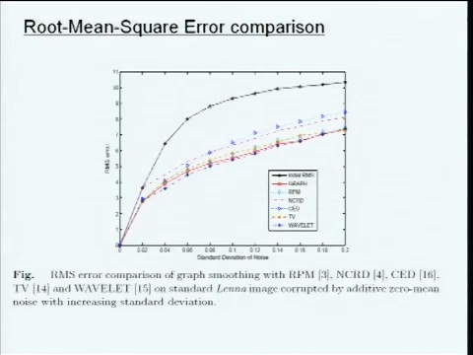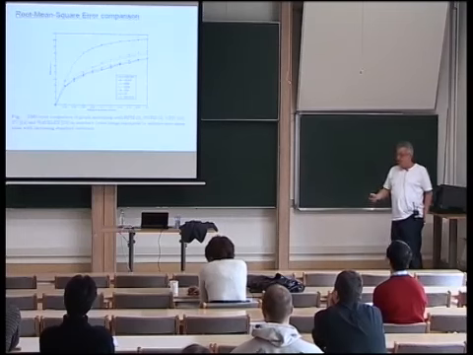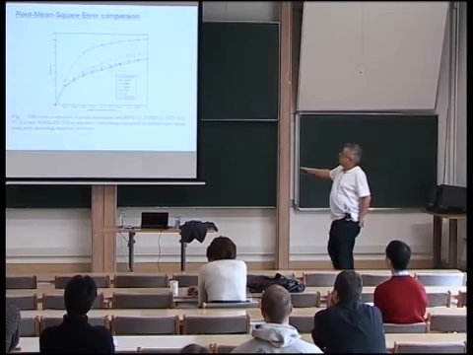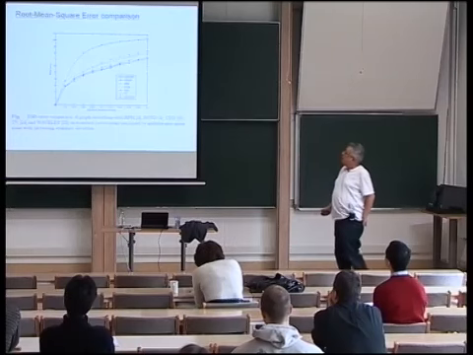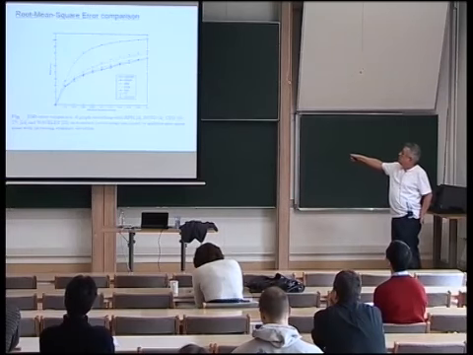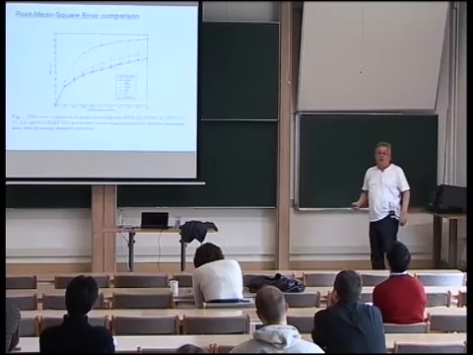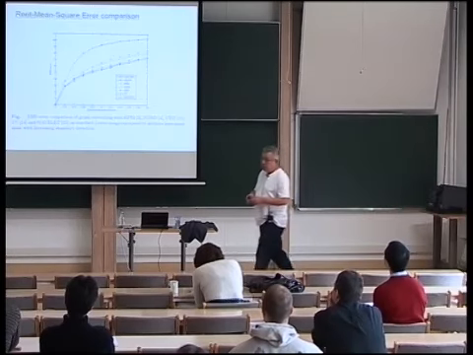What you'll notice is it dodges in and out of the points that I get from the wavelet technique, and the Perona and Malik algorithm sits slightly higher here. So realized in this way, we get an algorithm that certainly competes with wavelets and Perona-Malik in terms of its performance.